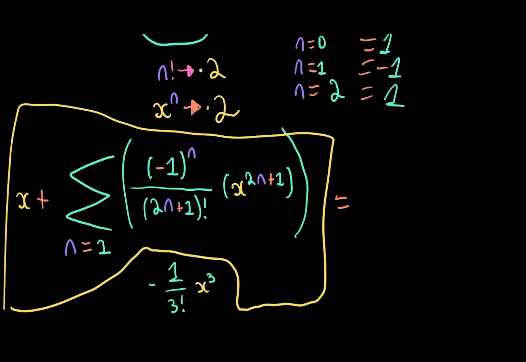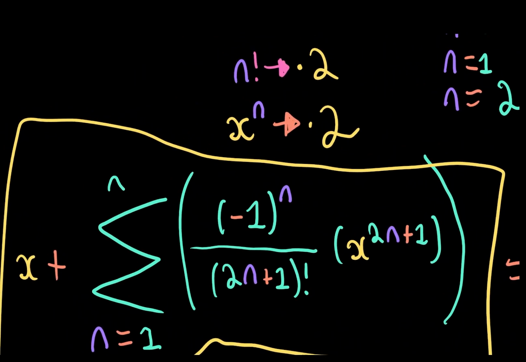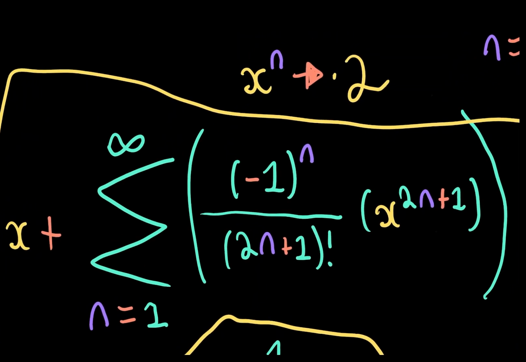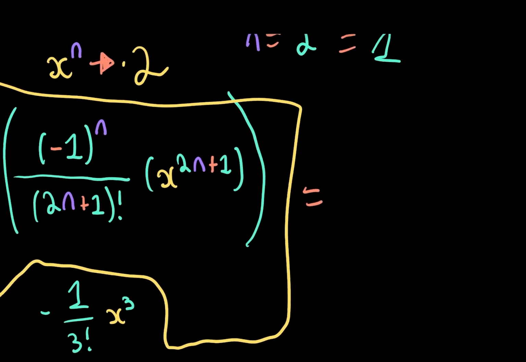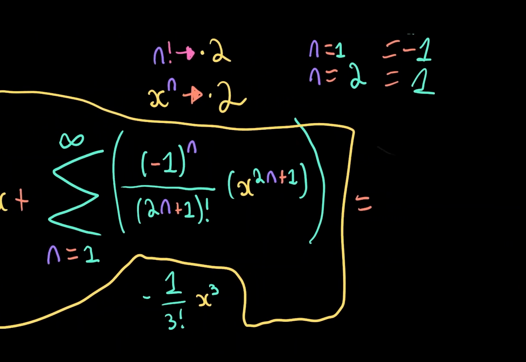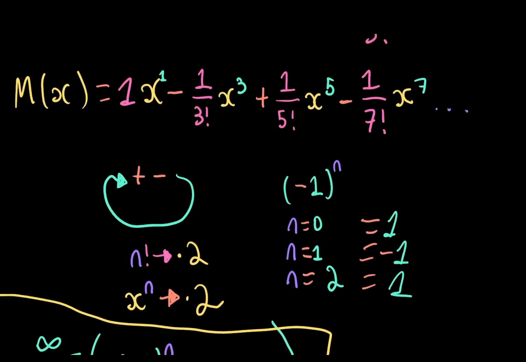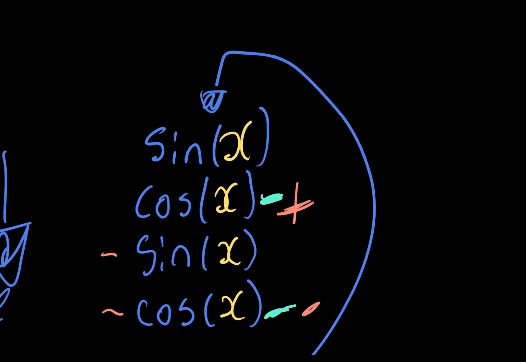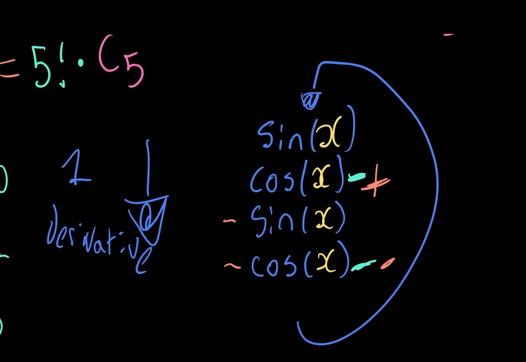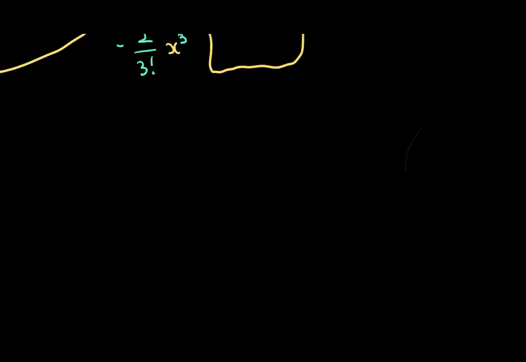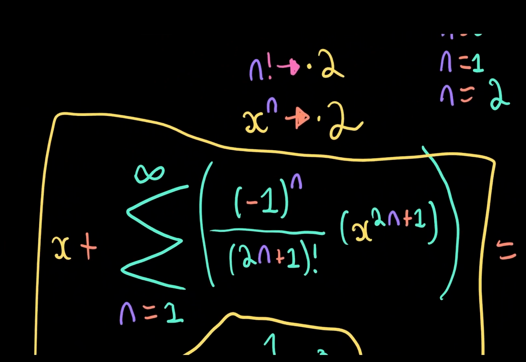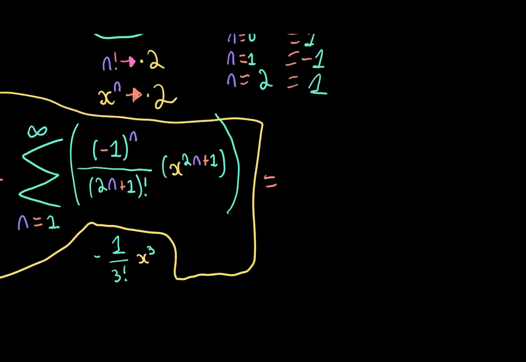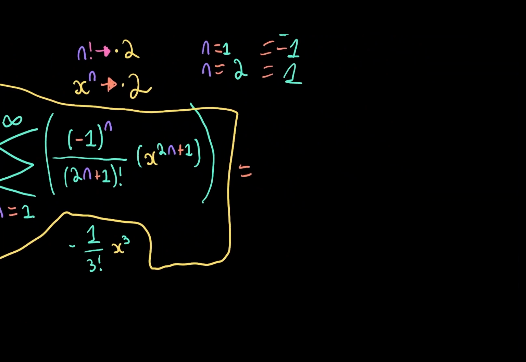But we used infinity in the upper bound here because we need infinite terms to represent sine x, because it has infinite derivatives. Because of that derivative idea, the derivative loop I showed you here. No matter how many derivatives you get, you just keep looping. But your approximation gets better as your upper bound gets better, and your approximation gets perfect once it reaches infinity. So this is all equal to sine of x.